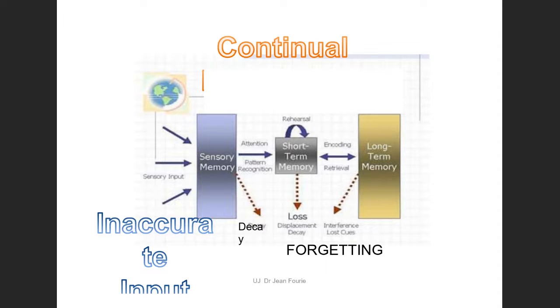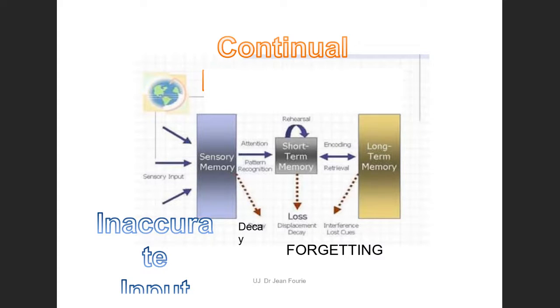What also happens when information gets in, there can be problems with attending to what we need to attend to, and things don't get into short-term memory to be rehearsed and encoded into long-term memory. And we have what's called loss, where information is not processed accurately, it's inaccurately processed.